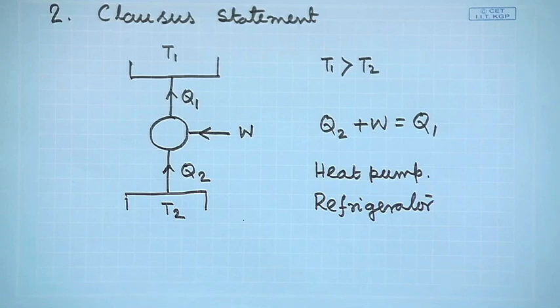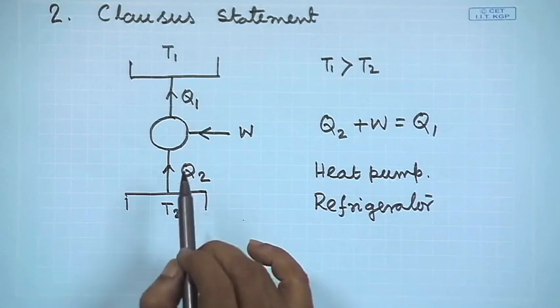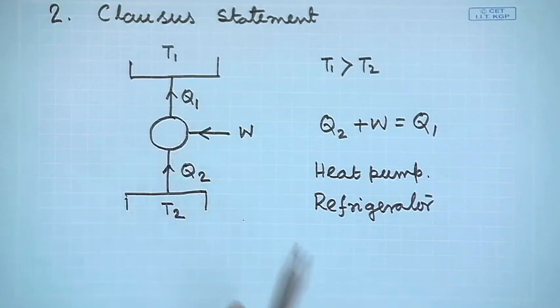From T2 to T1 I am pumping heat. So, this is also called a heat pump, and in that case our focus is the high temperature end of this example. That means our focus is at T1 and the heat supplied to it, that is Q1.